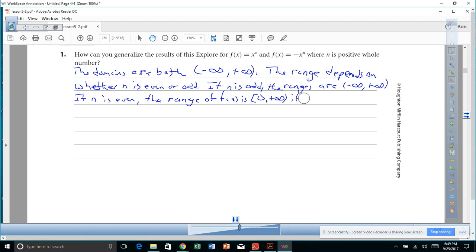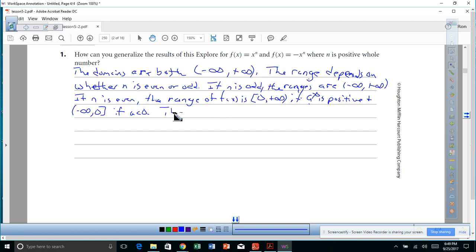The range of f of x is 0 to positive infinity if a is positive, and we'll say negative infinity to 0 if a is less than 0. All right, good.